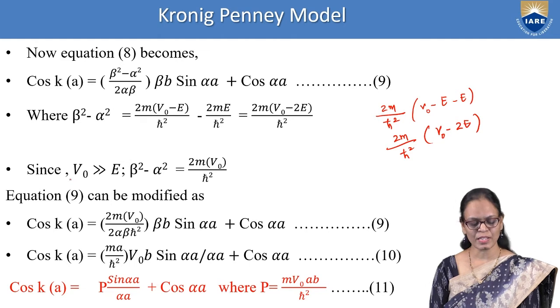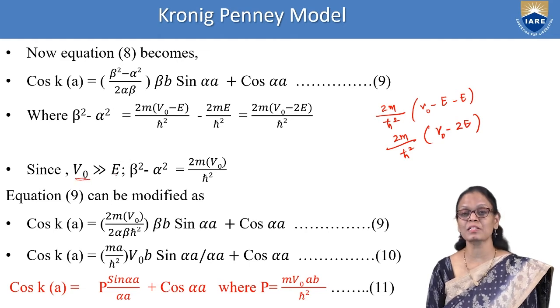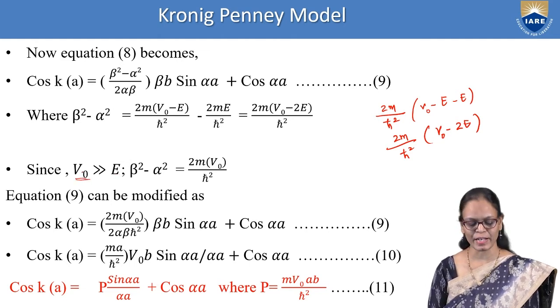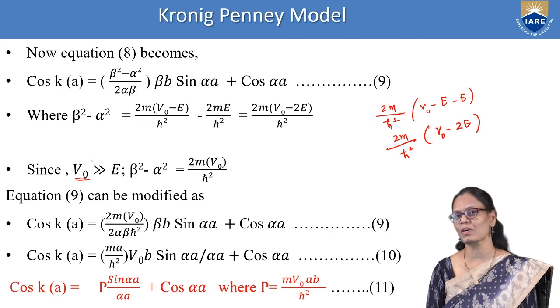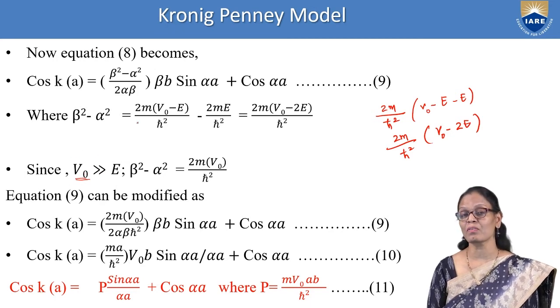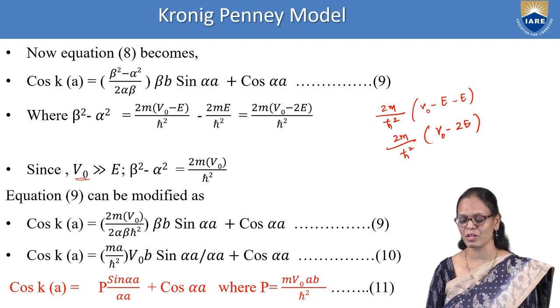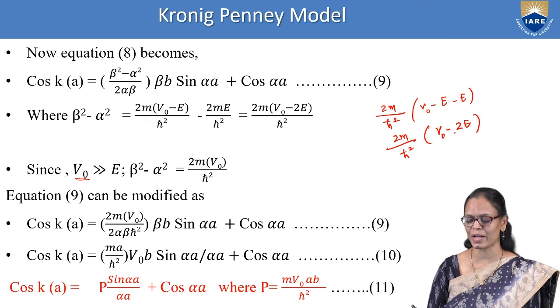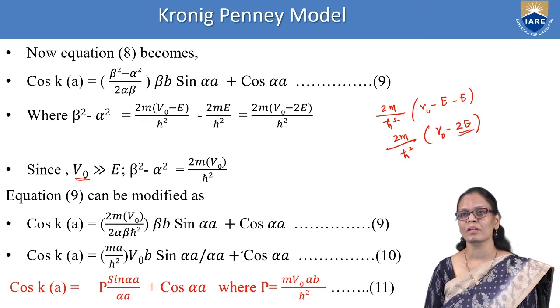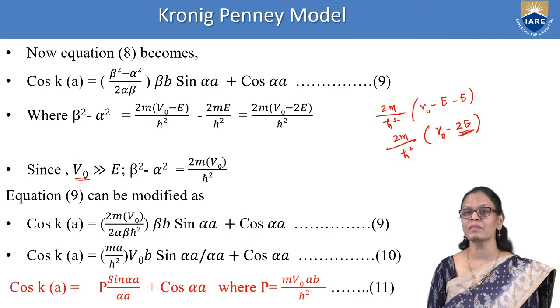And now, since V naught is much greater than E, because V naught is maximum, and we have also put the condition that V naught tends to infinity, very high, then we can simply write beta square minus alpha square is equal to 2m V naught by h cross square. We will simply neglect this value of E because E is much lesser than V naught.